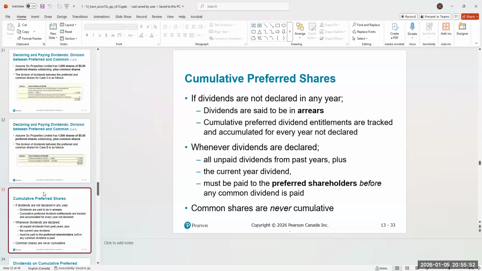Now, when there's a year in which the dividend hasn't been declared on the cumulative preferred shares, that dividend is called in arrears. That means we owe that dividend to the preferred shares once we declare a dividend. The fact that we didn't declare the dividend doesn't change the fact that we owe them money.